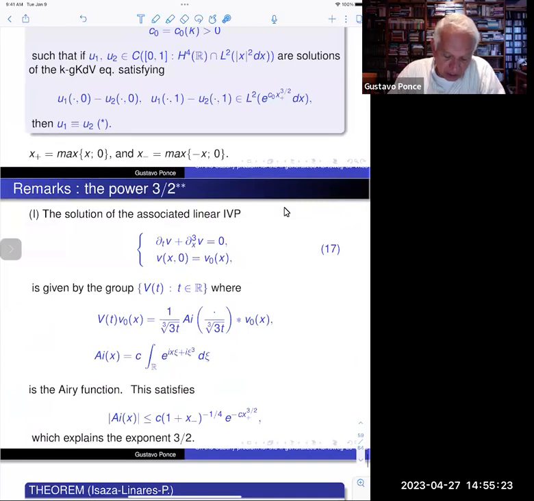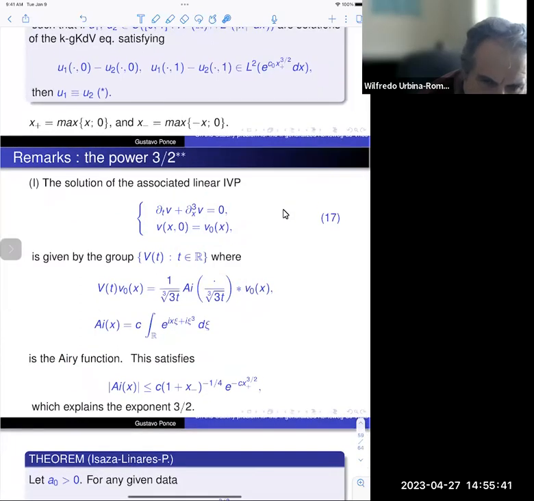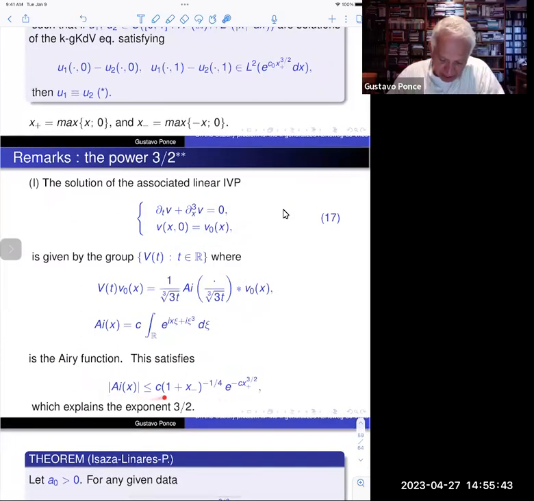If you have a solution, you consider the linear problem. After taking the Fourier transform, you can write the solution as a convolution of the Airy function with the initial data. And the Airy function has this asymptotic behavior. For x negative, it decays like x to the -1/4, and it decays exponentially with 3/2 to the right.